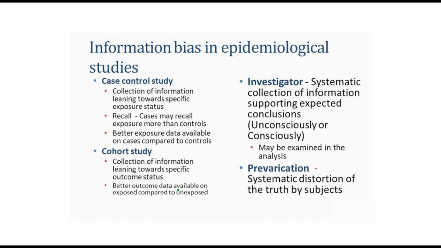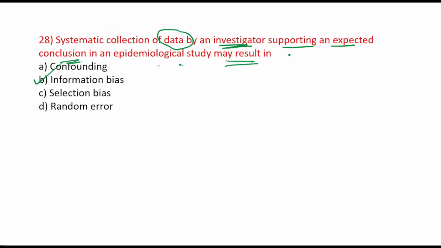See this chart. We have previously spoken regarding this chart. I told that this may be asked as a question. Systematic collection of information supporting strongly expected conclusions comes under information bias in epidemiological studies. This is what they have asked in our question.